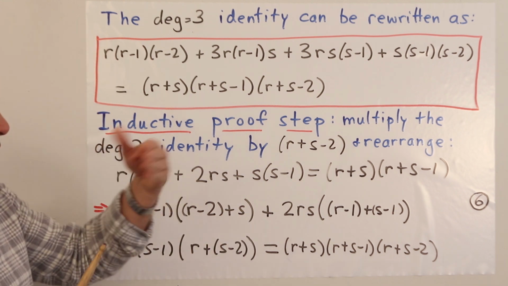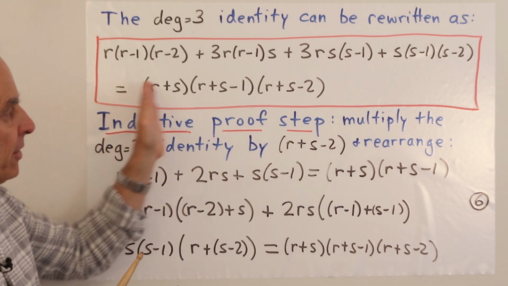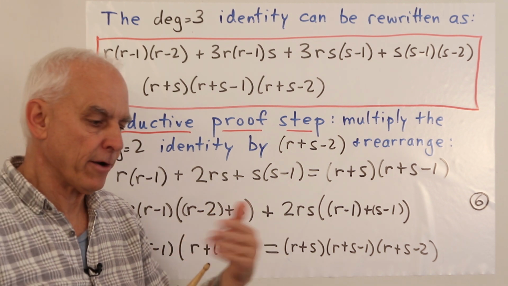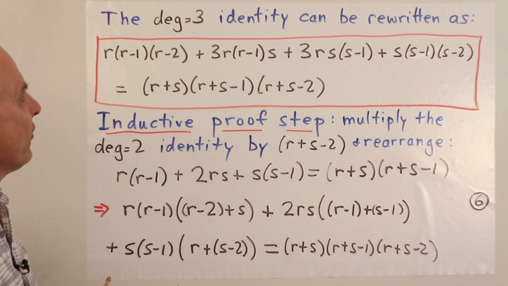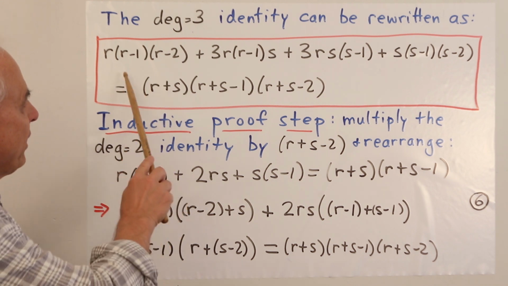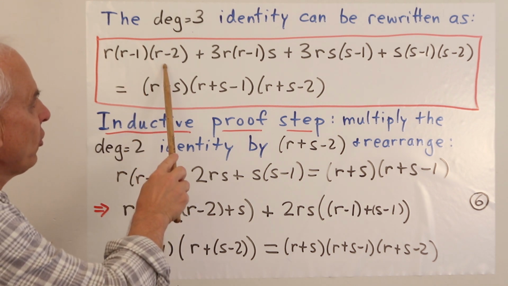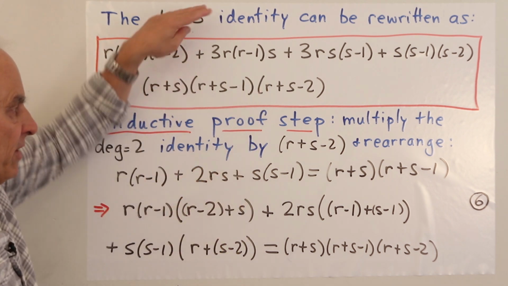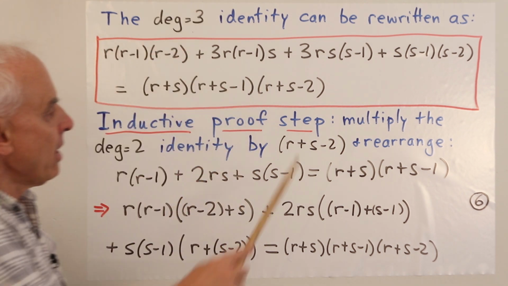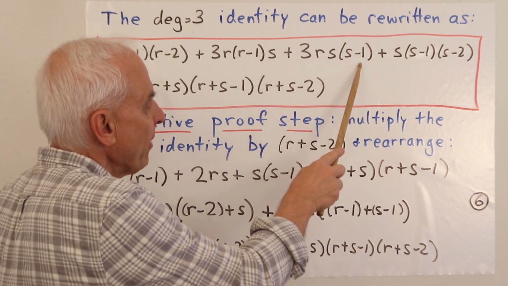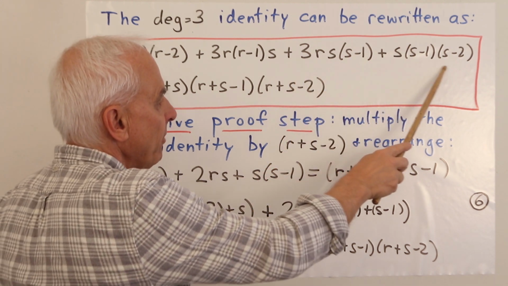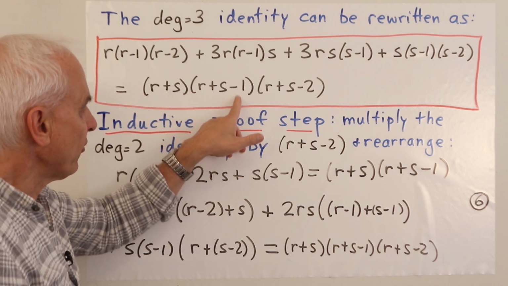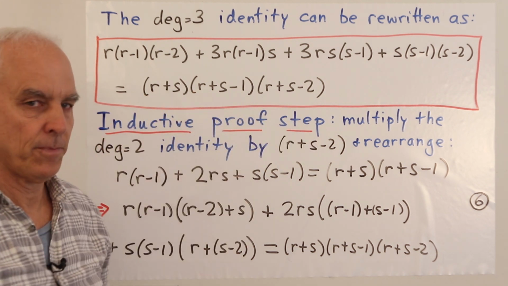And just as in the quadratic case, let's clear the fraction. So we're going to multiply by 3 factorial to clear the denominators. And then the required identity is r times r minus 1 times r minus 2 plus 3r times r minus 1 times s, because there's a 3 factorial over a 2 factorial, plus 3r times s times s minus 1 plus s times s minus 1 times s minus 2 equals the product of r plus s, r plus s minus 1, r plus s minus 2.